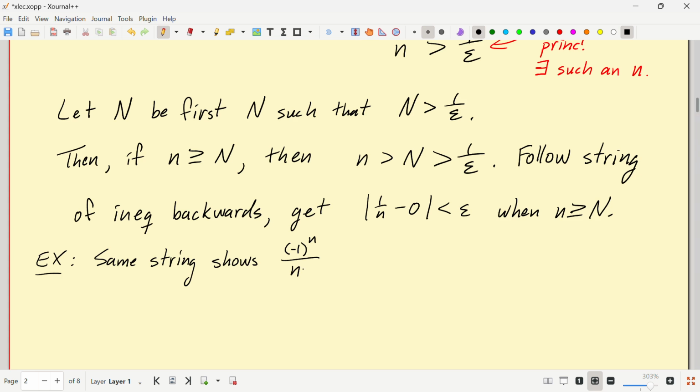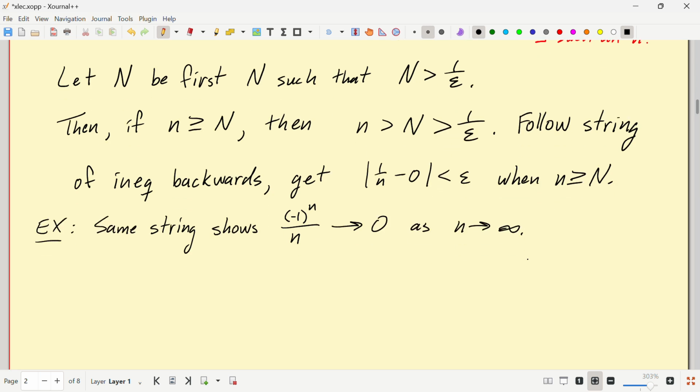I could put that in that same string of inequalities, and that would also go to 0 as n goes to infinity. And in fact, I could put minus 1 to the n sine of n over n, and it goes to 0 as n goes to infinity.